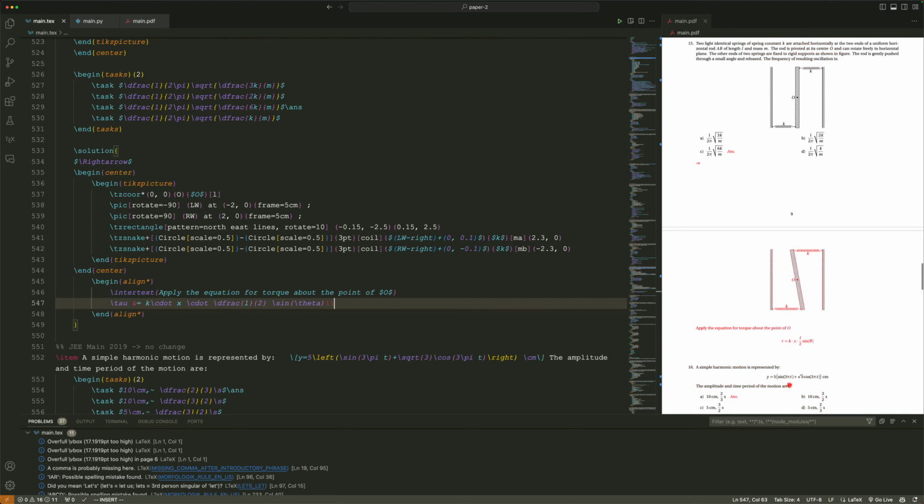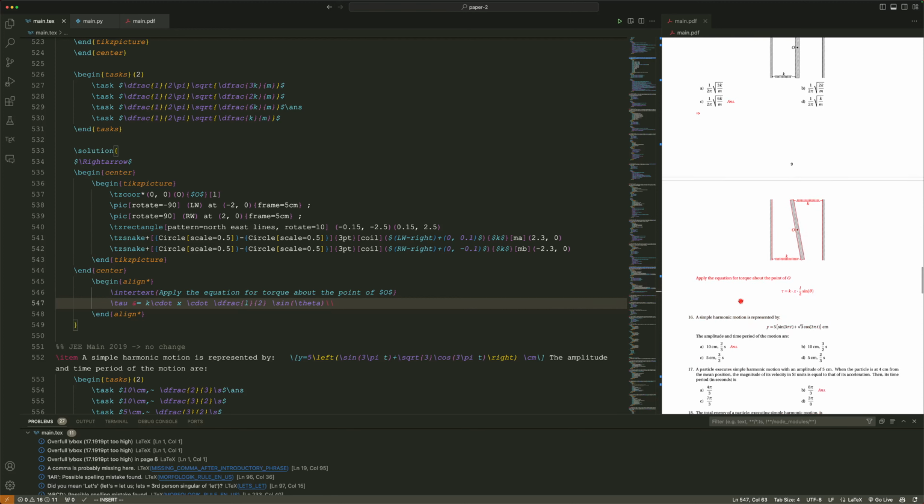So as you can see, apply the equation for the torque, and torque is equal to k times x. No, not x, because we just added L by 2 sine theta, so there is no need for x. X is the elongation. Or should I?